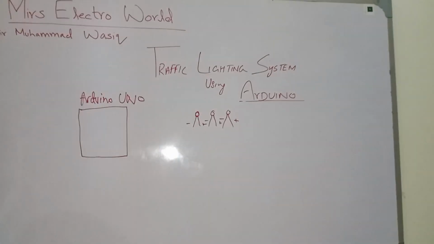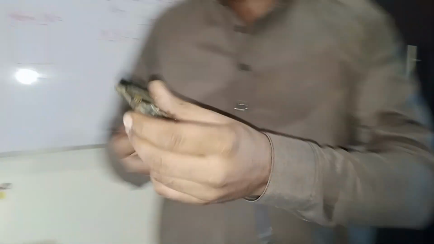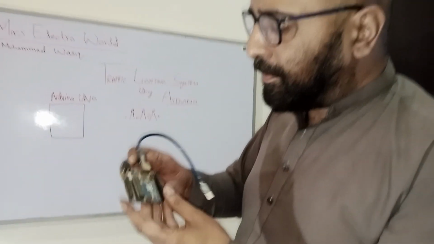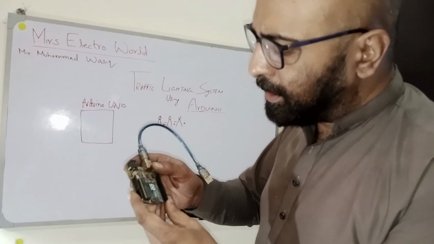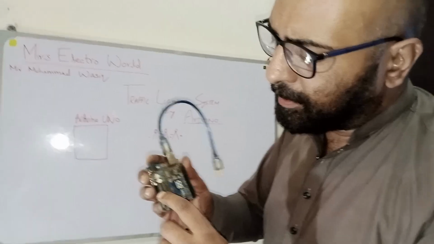The circuit is very simple. In this Arduino board, we have a couple of digital pins and a couple of analog pins here, and this is the power port.